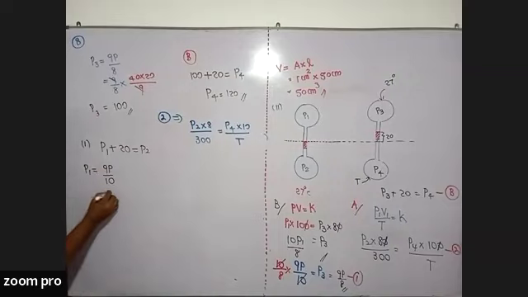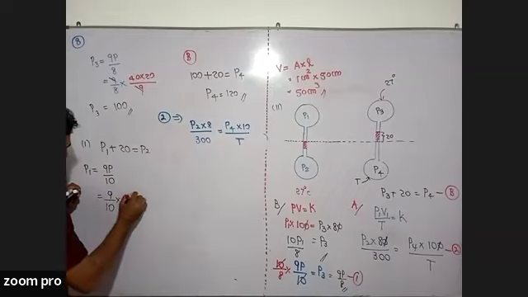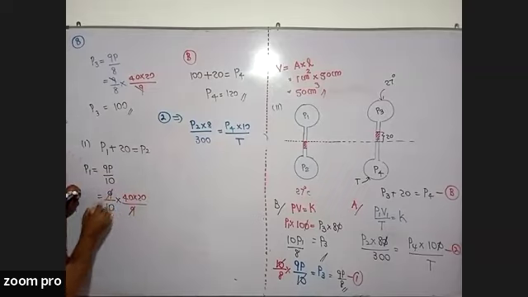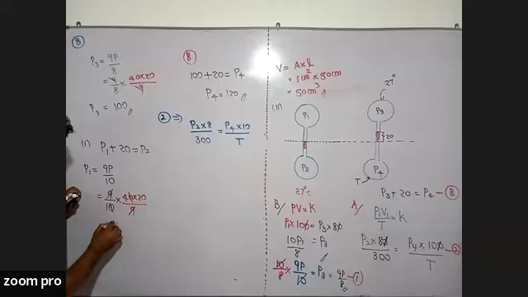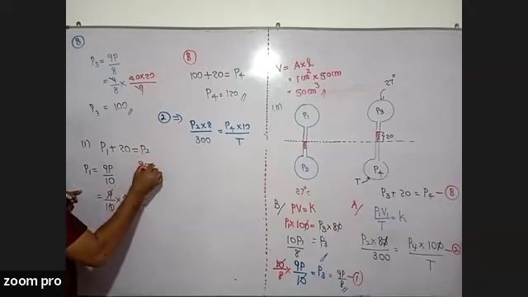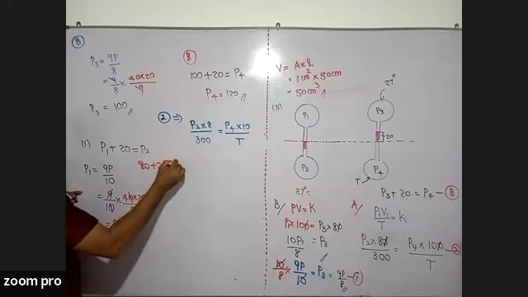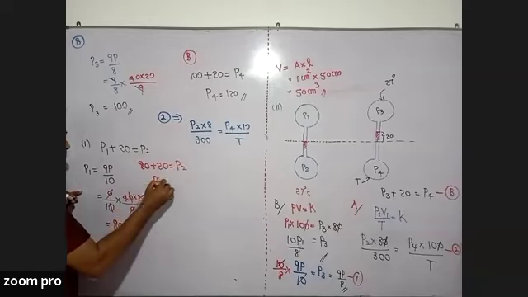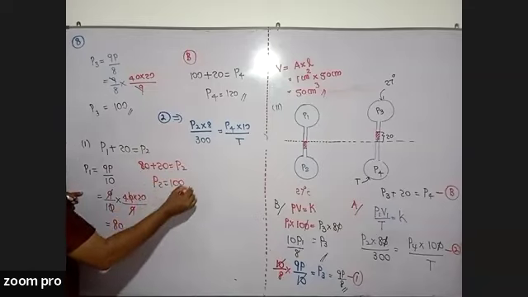Then we have obtained the value for P as 40 into 20 over 9. So these are cancelled. Then it is equal to 80. So if P1 is equal to 80, then P2 should be equal to 100.